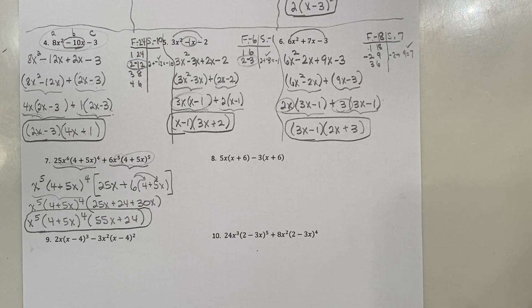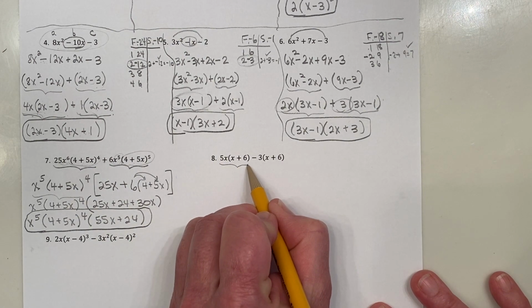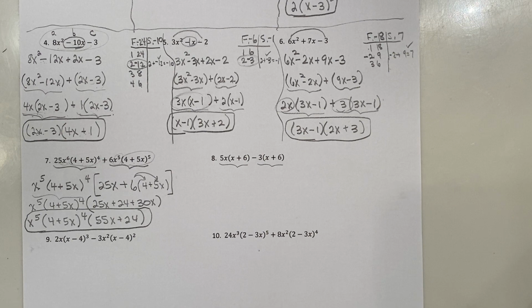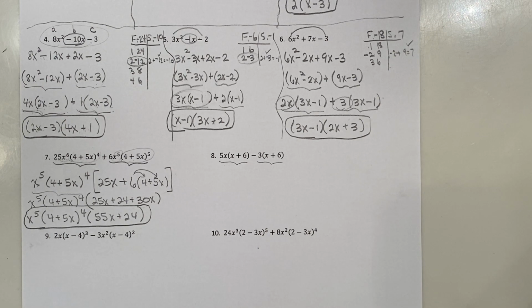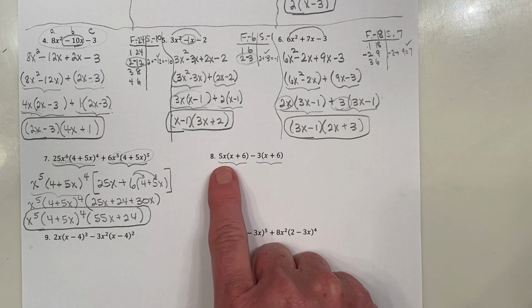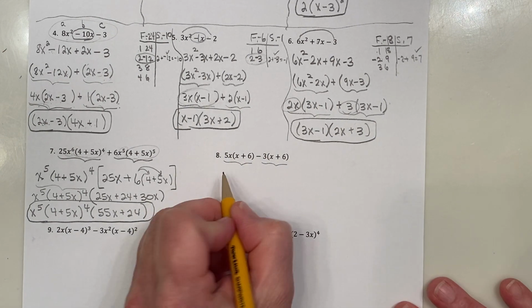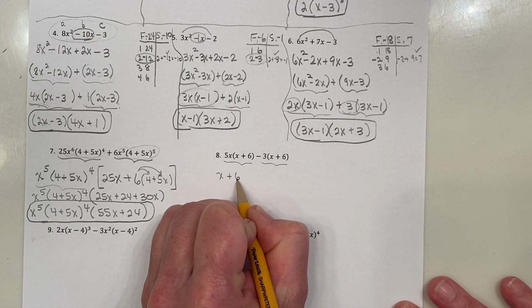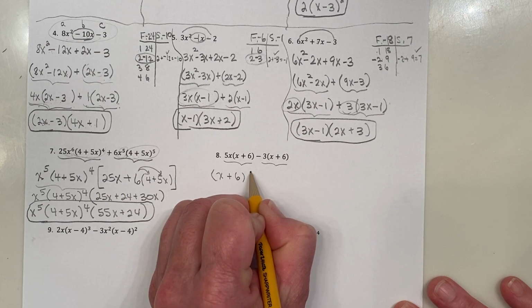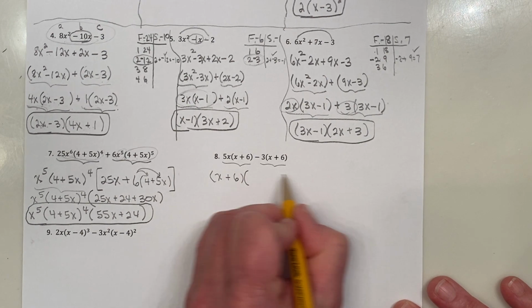Step back and take a moment and look at the structure. So you've got a term here and you've got a term here. You only have 2 terms in that problem. Well, 5x and 3 don't share any common factors, but I do see that common parenthesis. So I'm going to take that x plus 6, keeping it in parentheses, and then either parentheses or bracket, it doesn't matter.